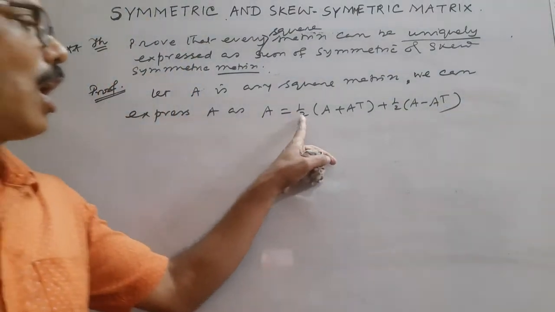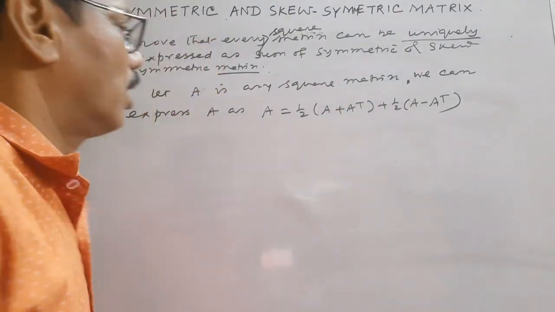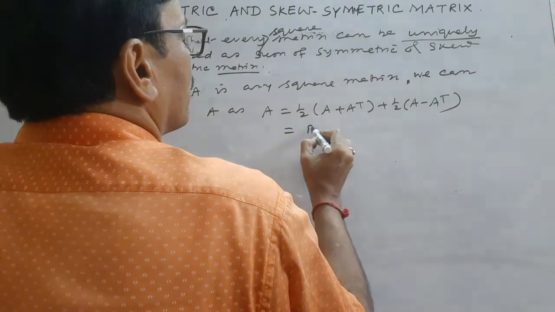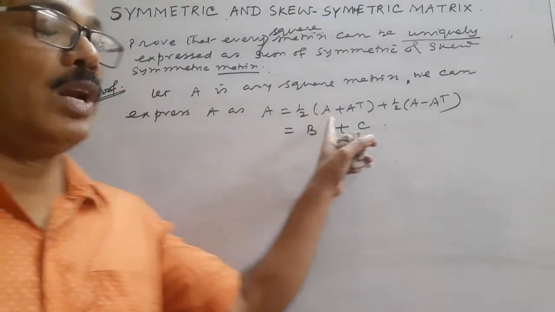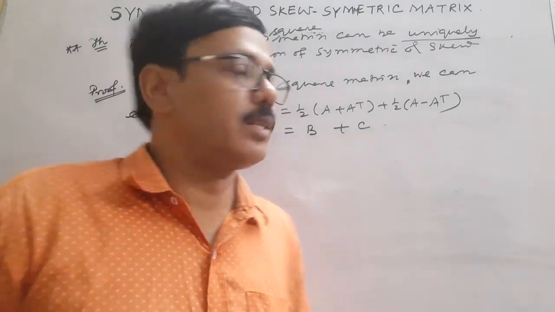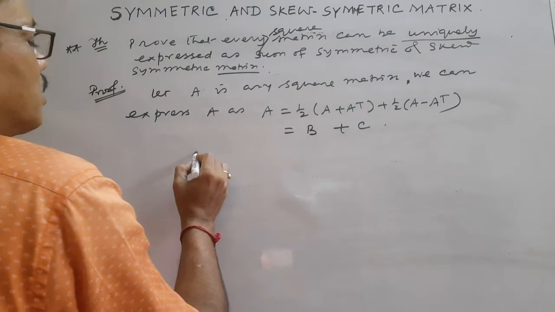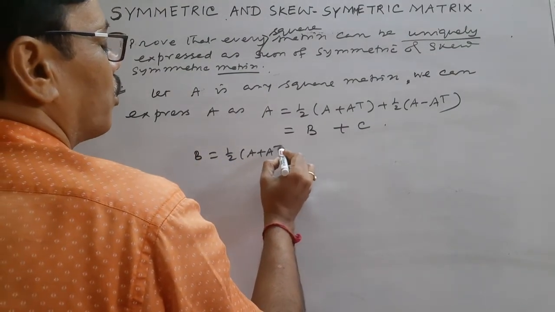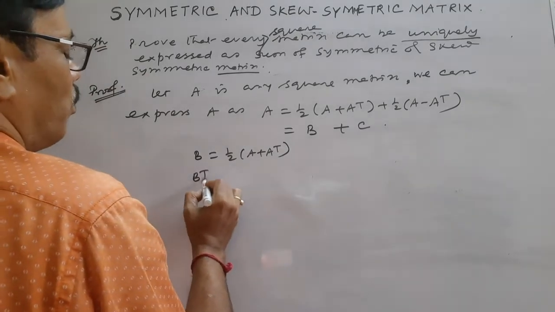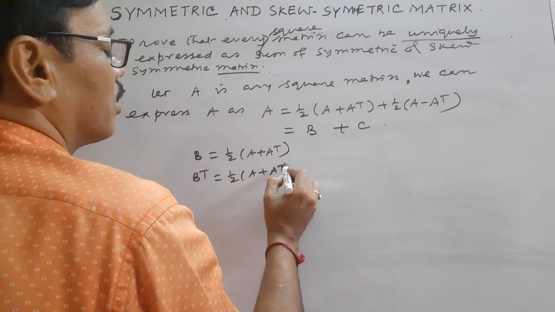Look, the half A transpose terms cancel. Now this is B, we suppose, and this is C. We have already proved B, half of A plus A transpose, is symmetric; half is a constant, no change.